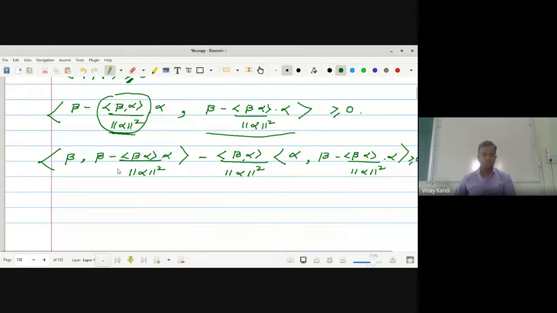Now using the linearity property in the second variable, what do we get? This is inner product of this beta as it is. Let us use the linearity property in the second variable.